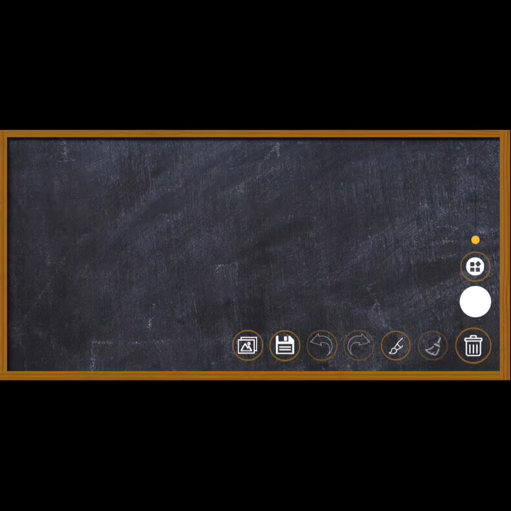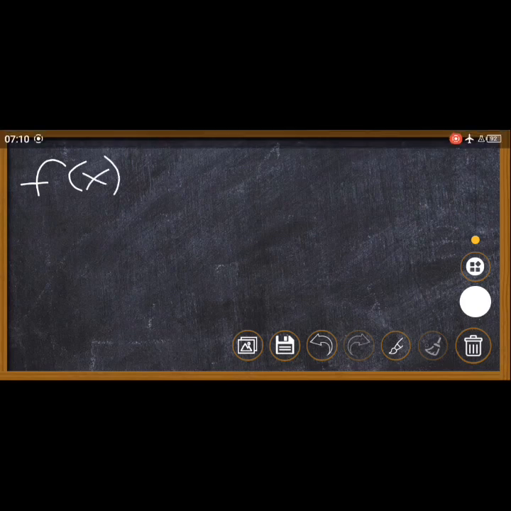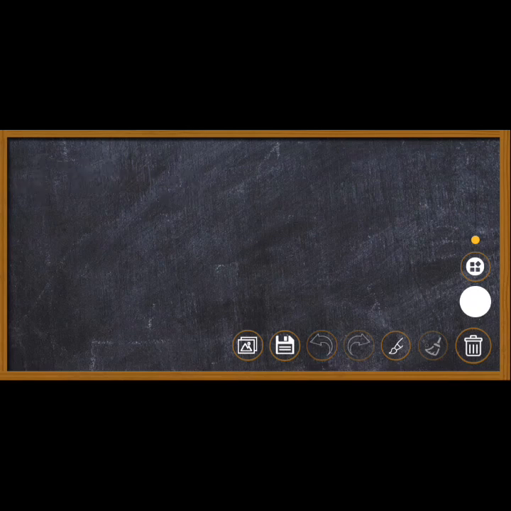So you can be given even more than one function. Let's say you have been given f of x. By the way, where they write f of x, they can also write y. It's just the same. So let me even use y here.